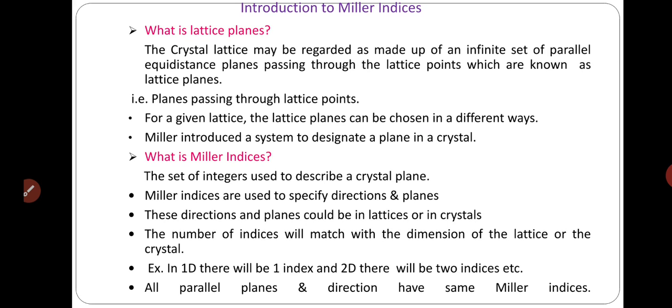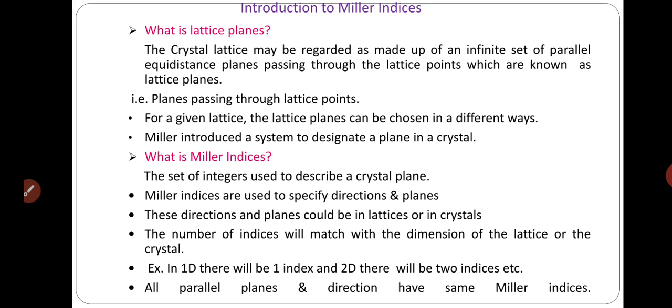In every case, the lattice contains a volume or a cell that represents the entire lattice and is regularly repeated throughout the crystal.